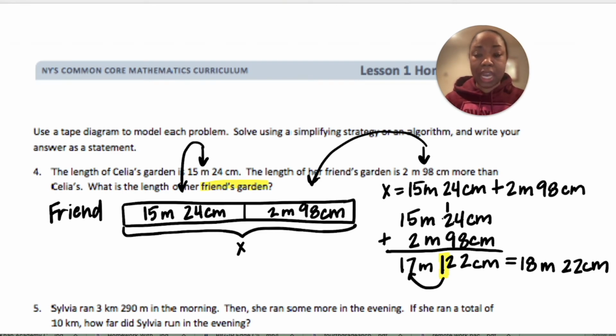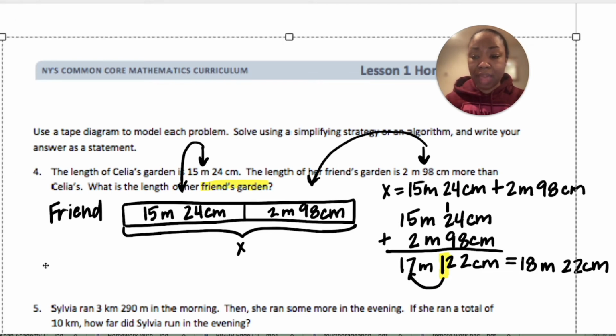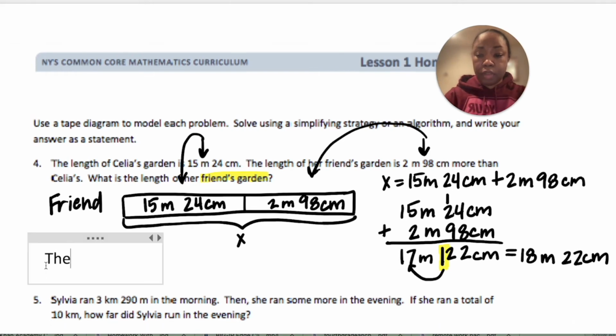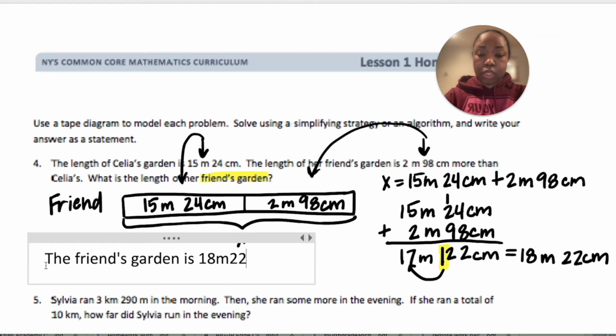So the question again asks the length of the friend's garden. I'm going to restate that question. The friend's garden is 18 meters, 22 centimeters long.